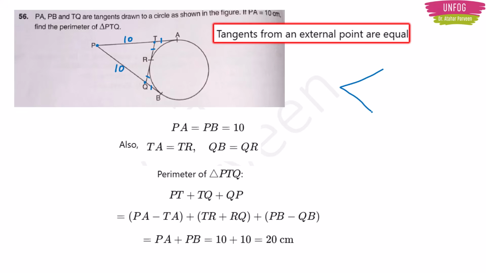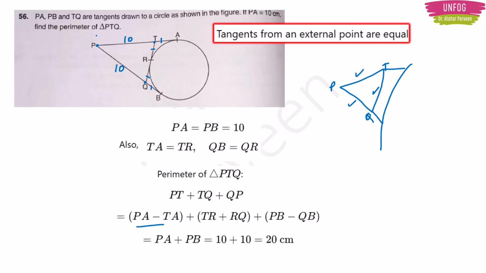See, this is the triangle now, right? P, T, Q, right? So here there is a circle, right? So now this PTQ perimeter will be PT plus TQ plus QP, right? But in place of PT, I can write PA minus TA, right?